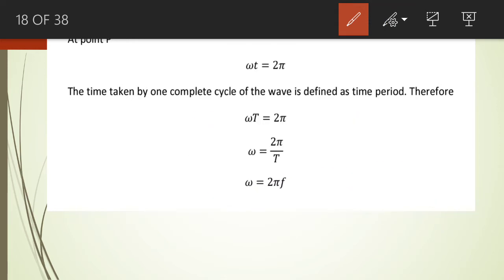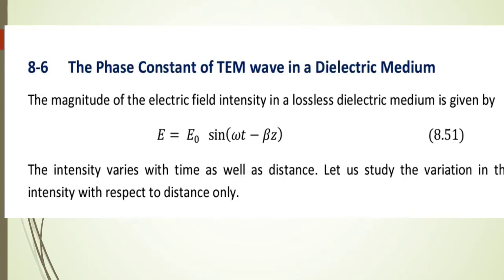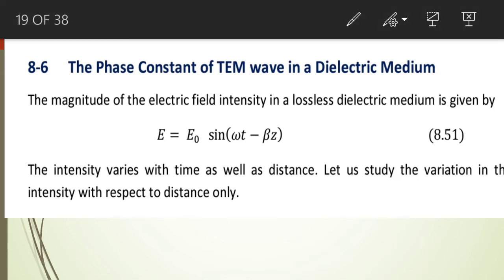So let us consider the phase constant of the transverse electromagnetic wave in a dielectric medium. Once again we consider the magnitude of the electric field intensity in a lossless dielectric medium, which is given by equation number 8.51.